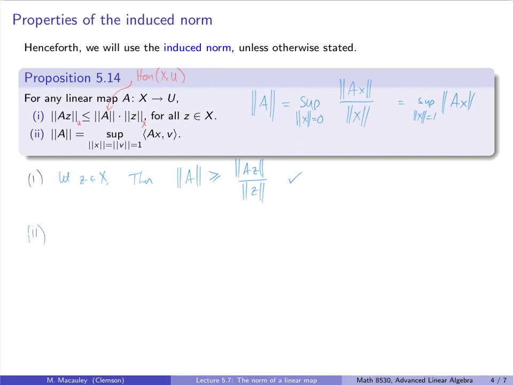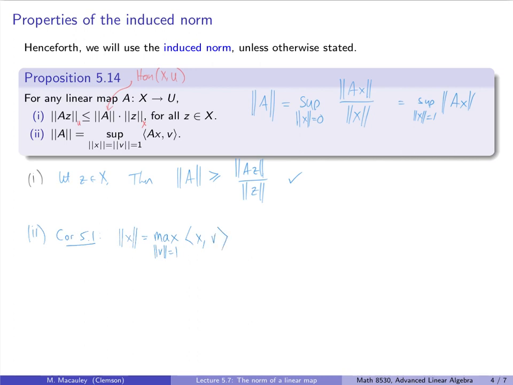So remember, way back in the beginning of this section, I think it was in the first lecture, corollary 5.1, we showed that the norm of a vector x is the maximum, or the supremum, but since we're over finite dimensional vector spaces, we can call that the maximum. We look at all unit vectors v, and we take the inner product of x onto v.